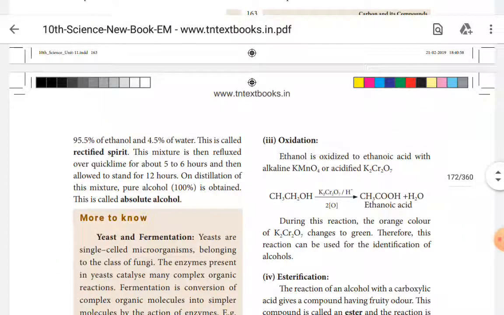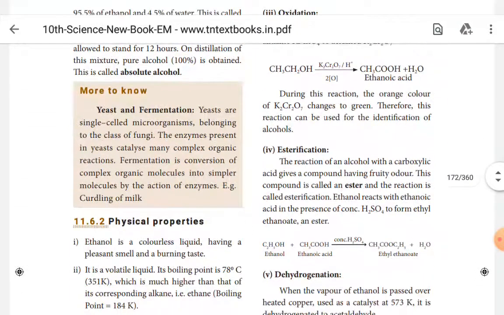Then what is meant by rectified spirit, or what is the composition of rectified spirit? Then we get absolute alcohol from rectified spirit. What is absolute alcohol or pure alcohol? Next, what is meant by yeast? What is fermentation?